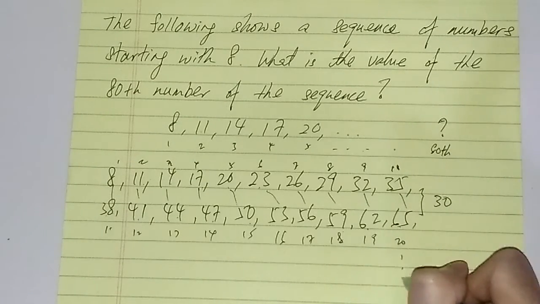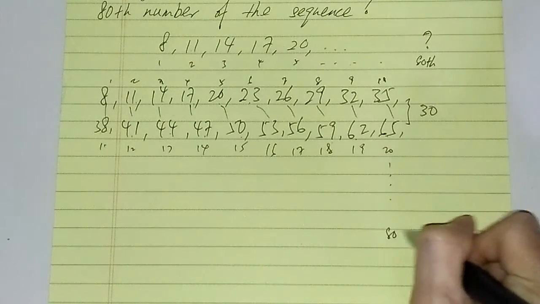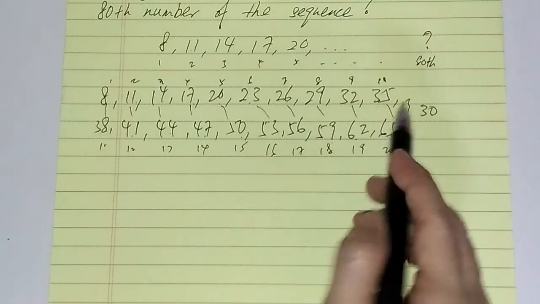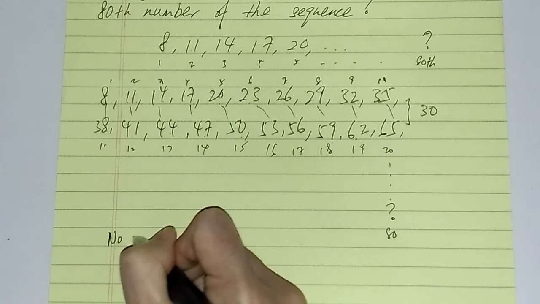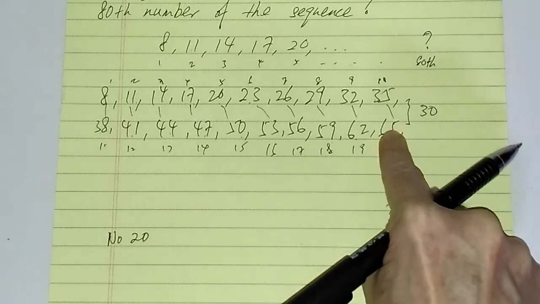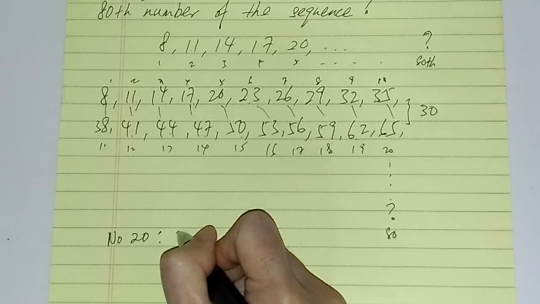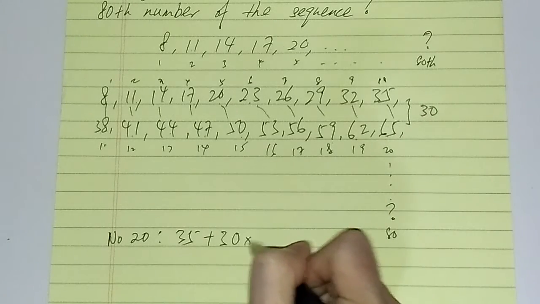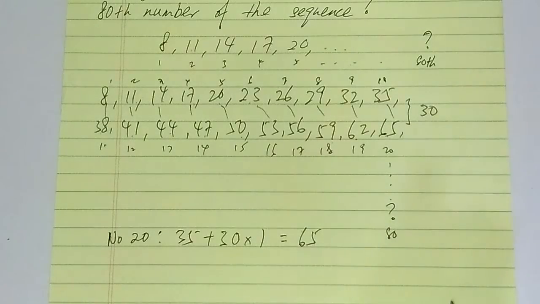Okay, if we want to count all the way to number 80, what is the value here? So how do we do it? We know that for number 20, the value is 65. How do we get 65? It is 35 plus the difference of 30 times 1, so it is 65.